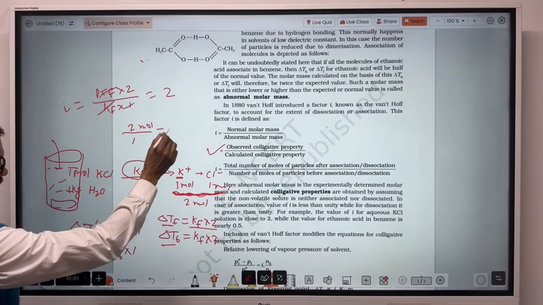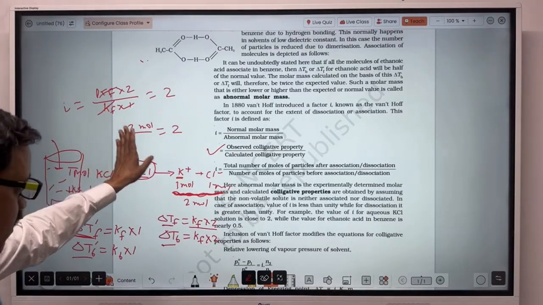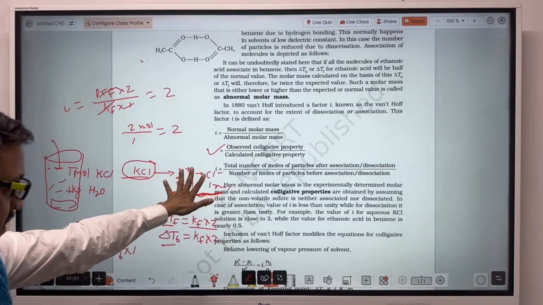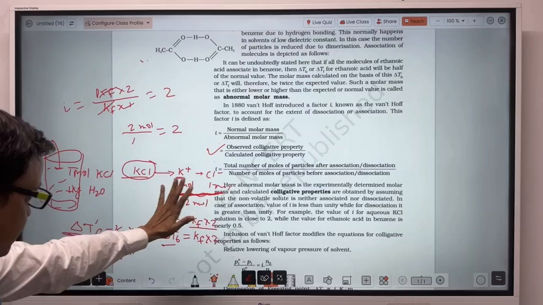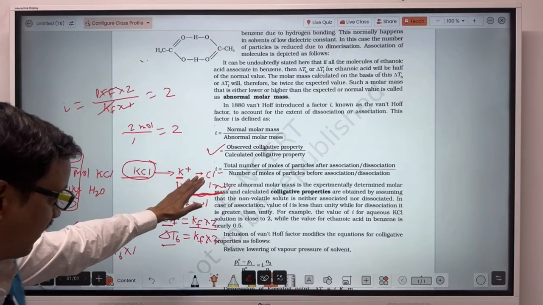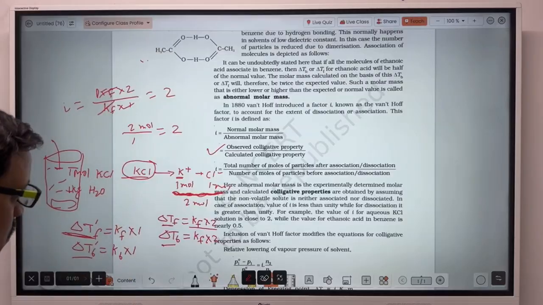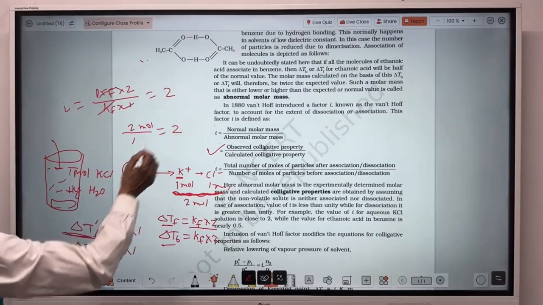So the van't Hoff factor is the total number of particles after dissociation upon the total number of particles before dissociation, that is 2.